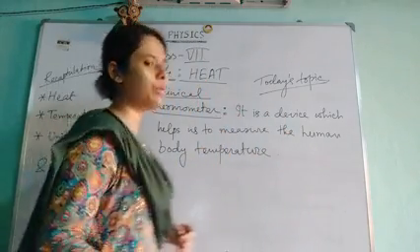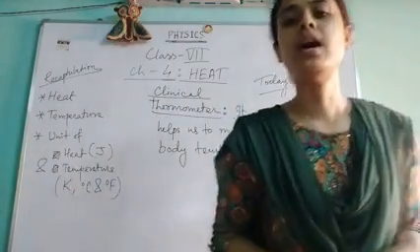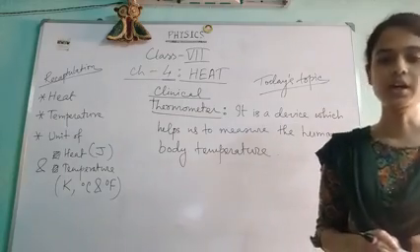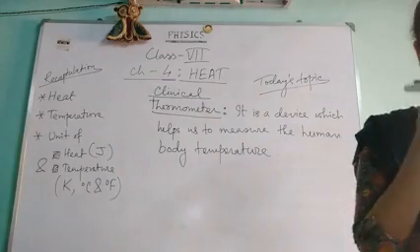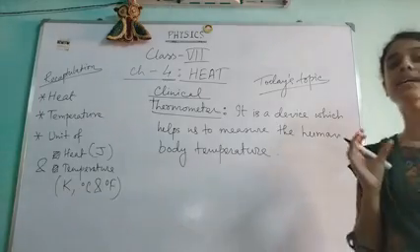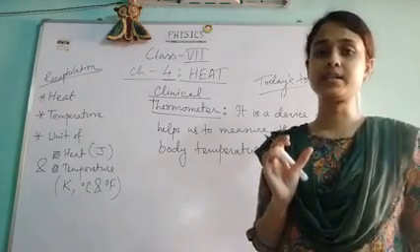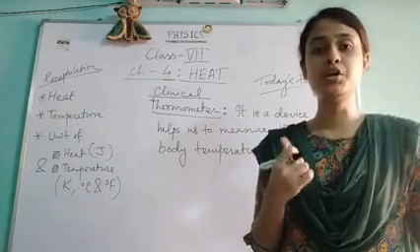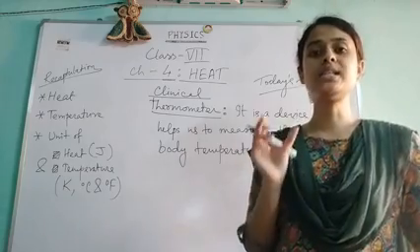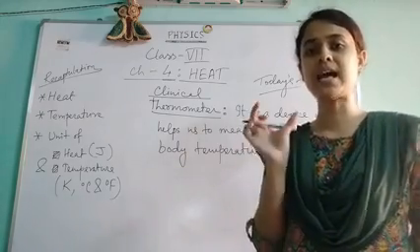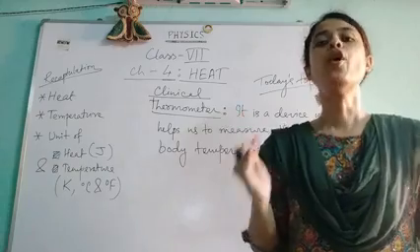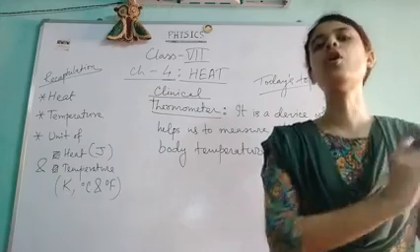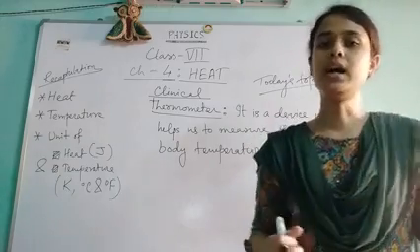A clinical thermometer is a device which helps us to measure the human body temperature, and it has a specific range. As I am describing, it is used to measure the human body temperature, so it has a specific range. Specific range means it has some limitation. It cannot go below that limit of temperature, nor can it go above the highest limit.